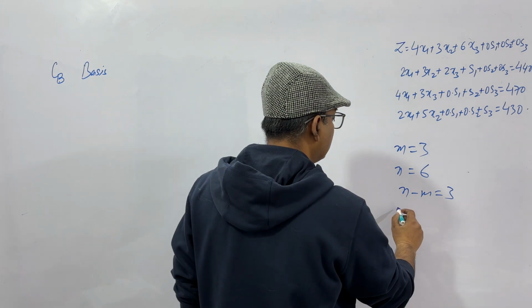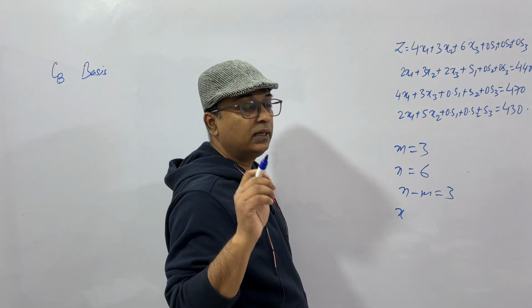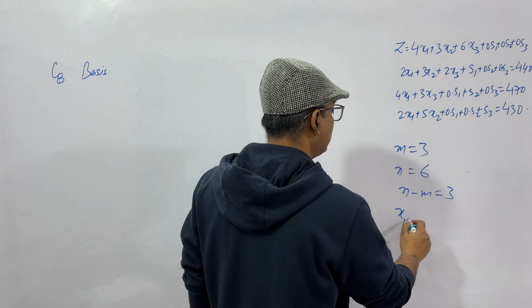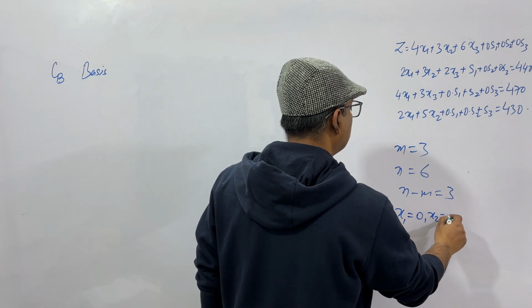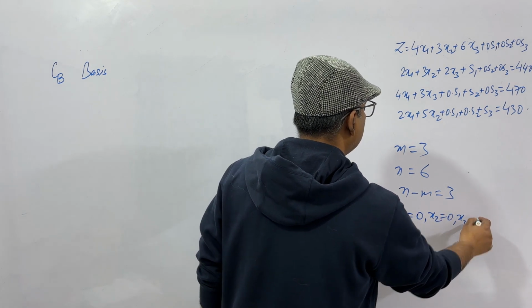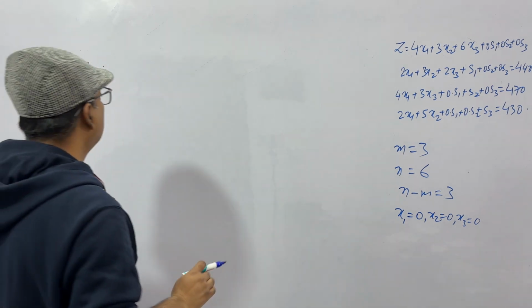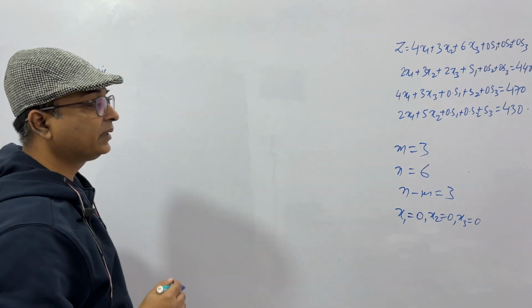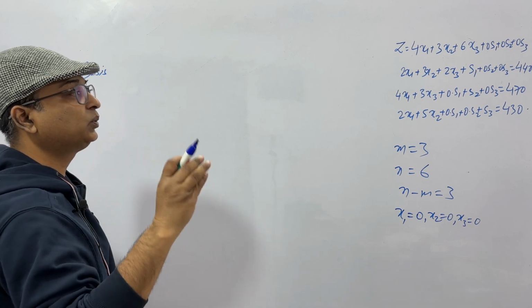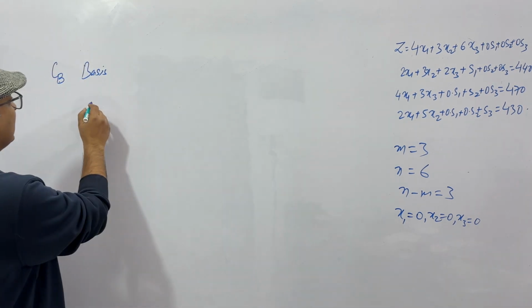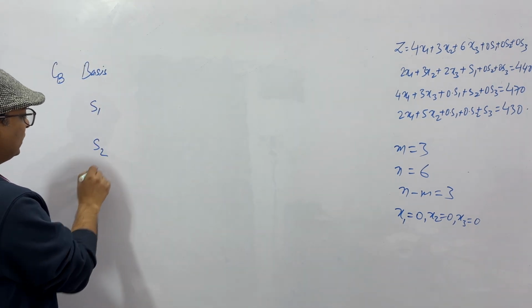So what we are doing in the first step, that is called the initial basic feasible solution, we'll put x1 equal to 0, x2 equal to 0 and x3 equal to 0. So these are non-basic variables in the initial basic feasible solution. So when these are non-basic variables, the rest, that is S1, S2, S3, are basic variables. So we'll write S1, S2, S3.